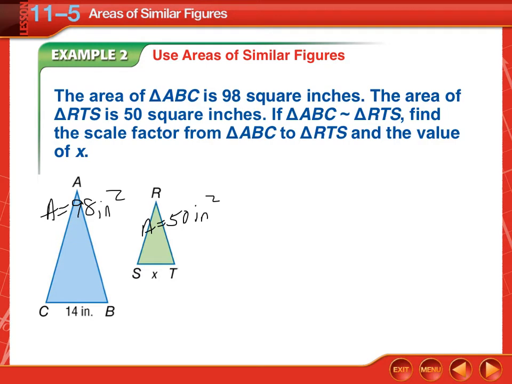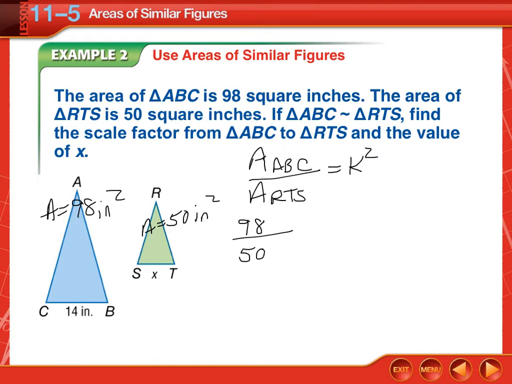Okay, so we know that the ratio of the areas, so area of ABC to the area of RTS, is going to equal the square of the scale factor.